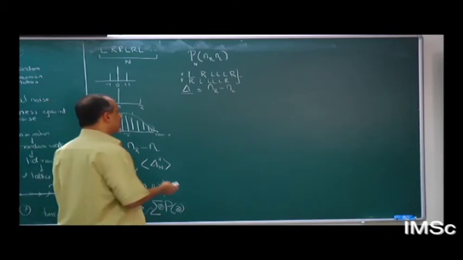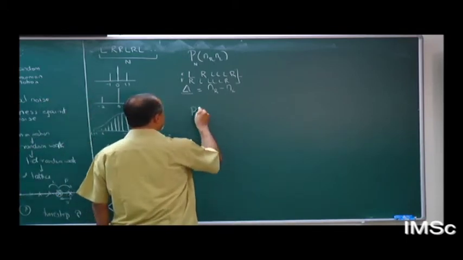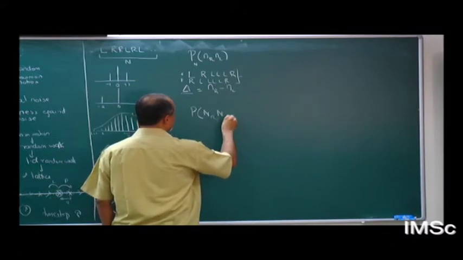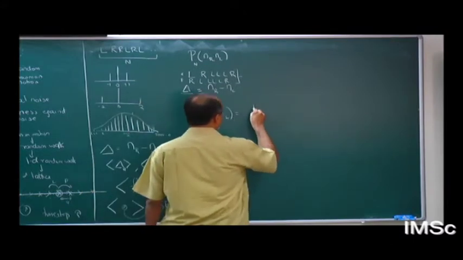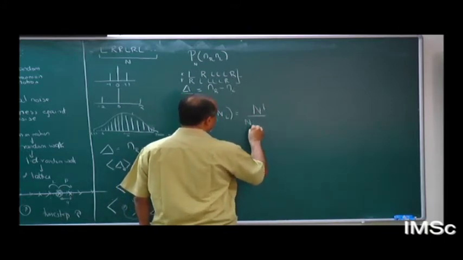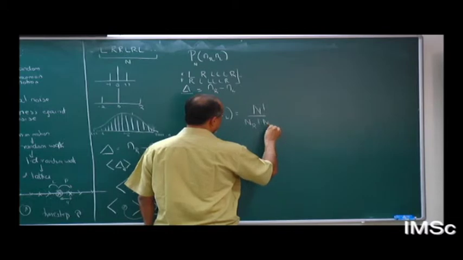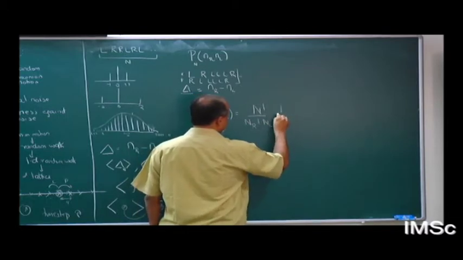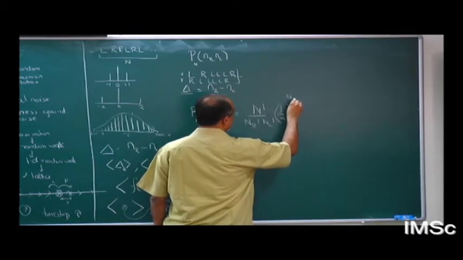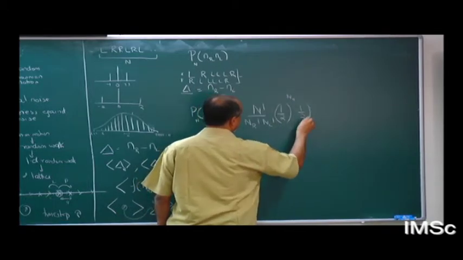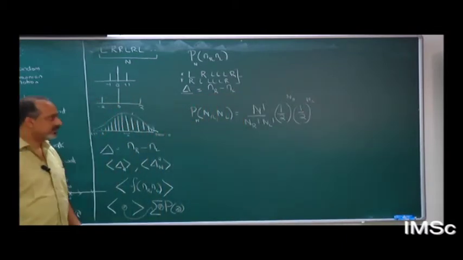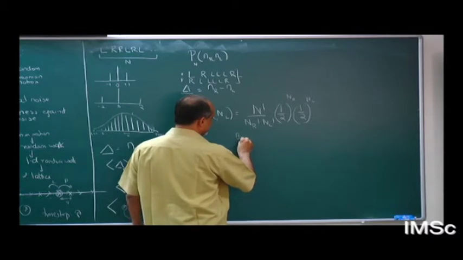The way it is easy to calculate that, the probability of having a certain number of steps to the right, let me say NR, and a certain number of steps to the left is just this quantity in a walk of n steps, n factorial by NR factorial times NL factorial times, if there is equal probability of moving to the left, then this is 1/2 to the power NR and this is 1/2 to the power NL. Okay. This is called a binomial distribution.